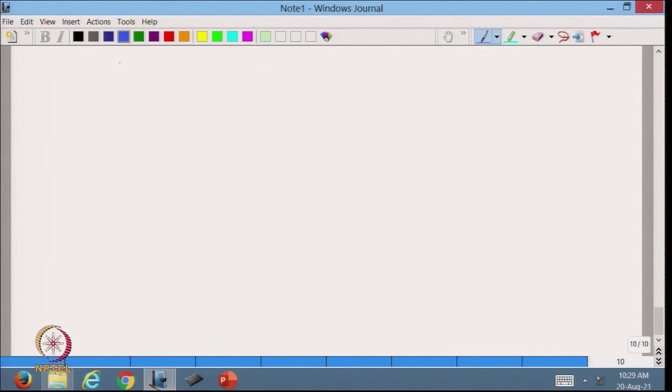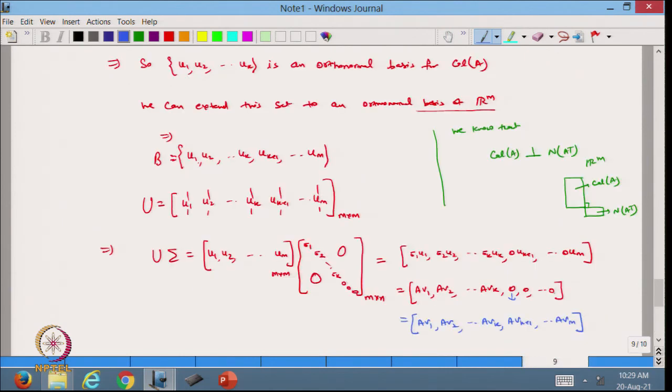So, now from here I can write my U sigma as my matrix A times V. So, V is the number of 0 0 up to this. So, these are the vectors that are coming from the 0 eigenvalues.